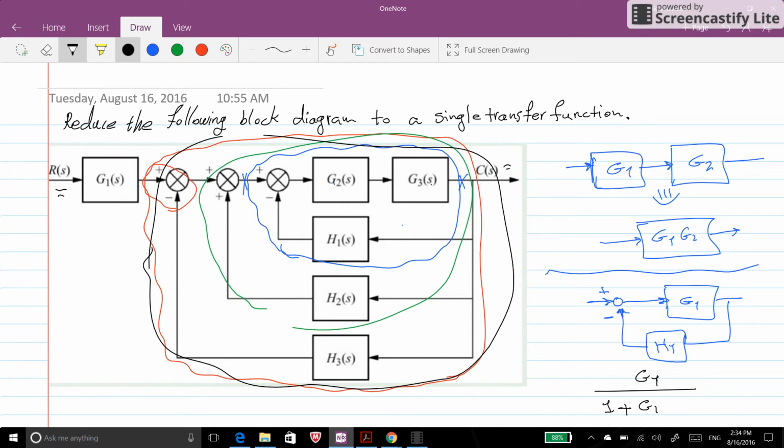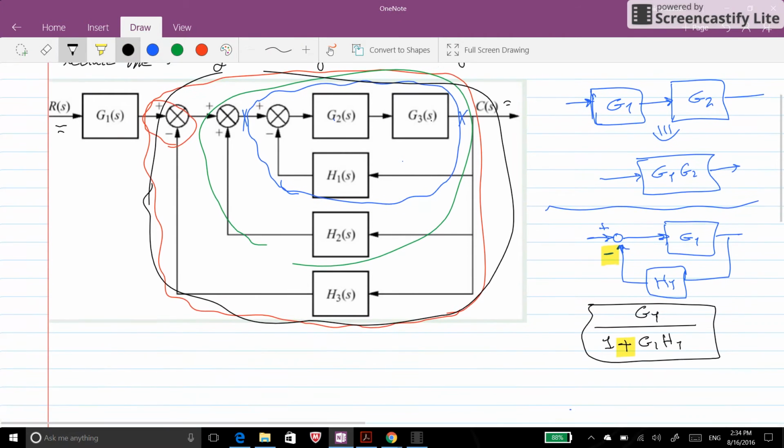So G1 is in the forward path and H1 is in the feedback path. G1 H1 will be the equivalent of the feedback loop. Here, pay attention to the sign of the feedback. If we have minus here, or the negative feedback, we will have a plus sign here.